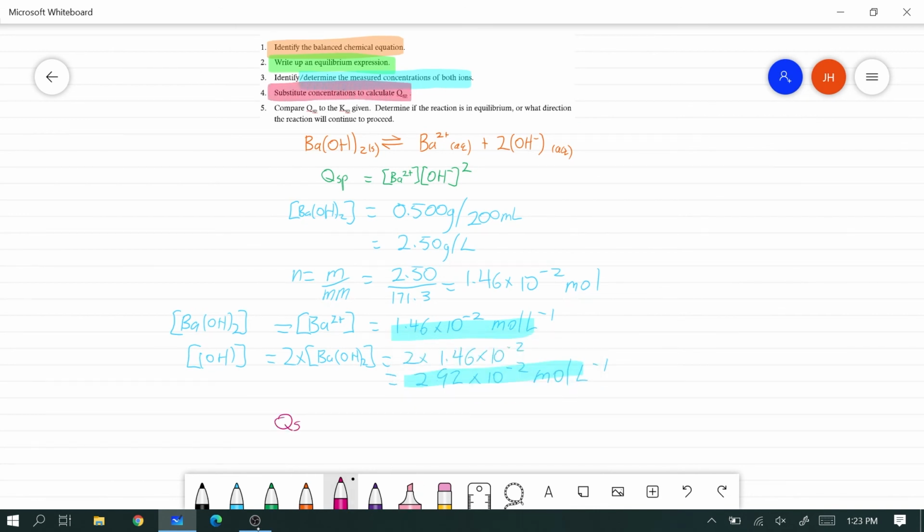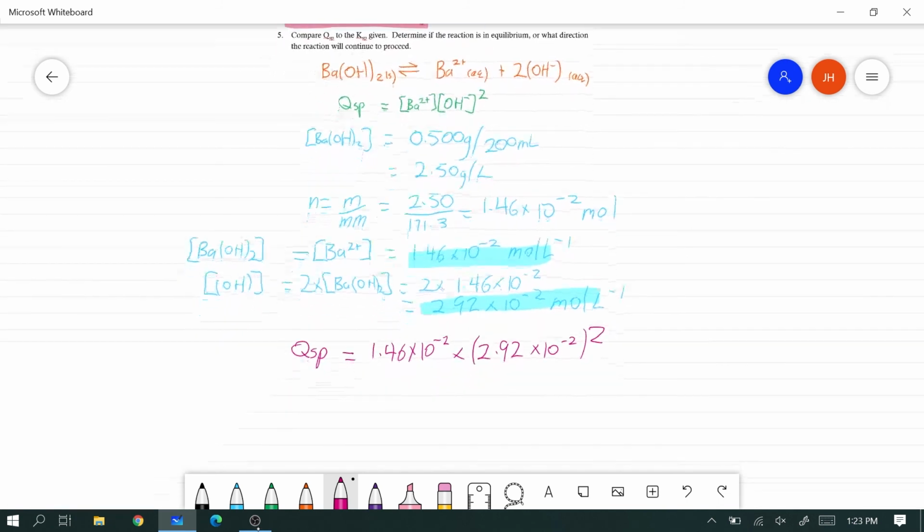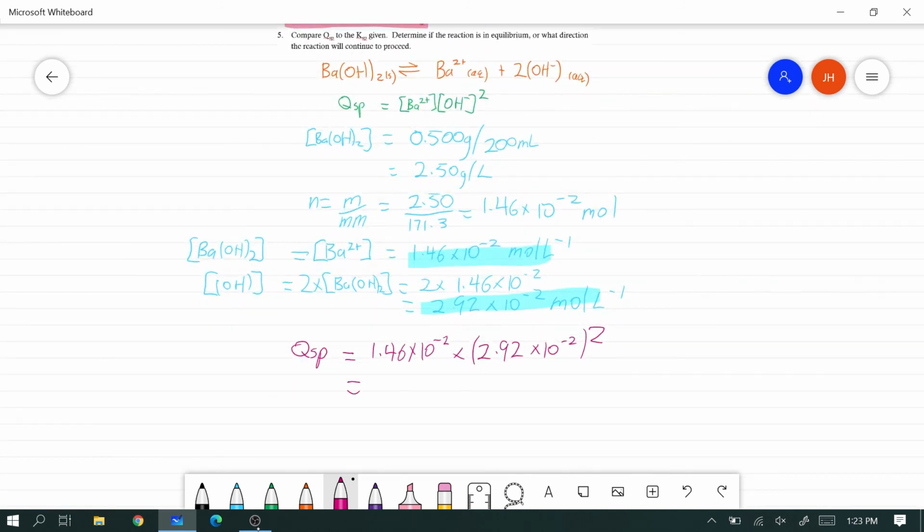So Qsp is equal to our barium concentration times our hydroxide concentration, noting as well that we've got to square that value, so I've done that as well. Put that into a calculator. That should give us 1.24 times 10 to the negative 5.